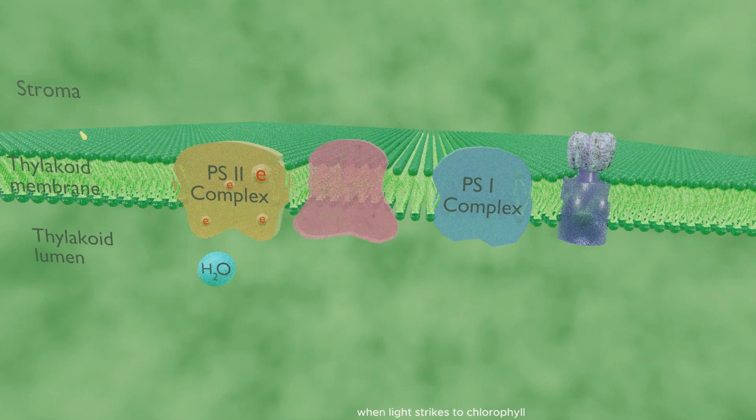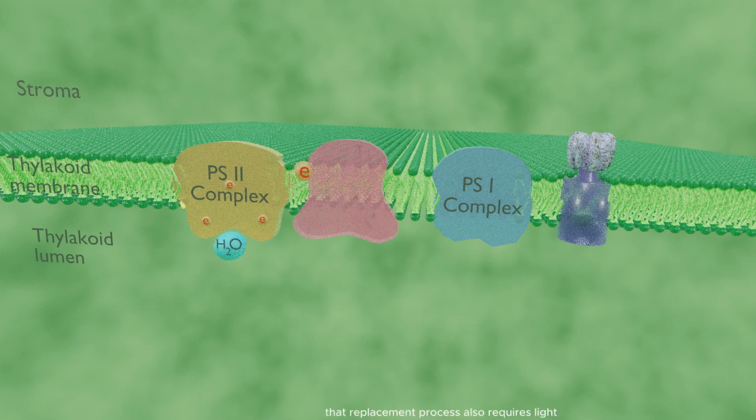When light strikes chlorophyll, it energizes electrons within that molecule. These electrons jump up to higher energy levels. The high-energy electrons are excited. Excited electrons leave chlorophyll to participate in further reactions, leaving the chlorophyll at a loss. Eventually they must be replaced.